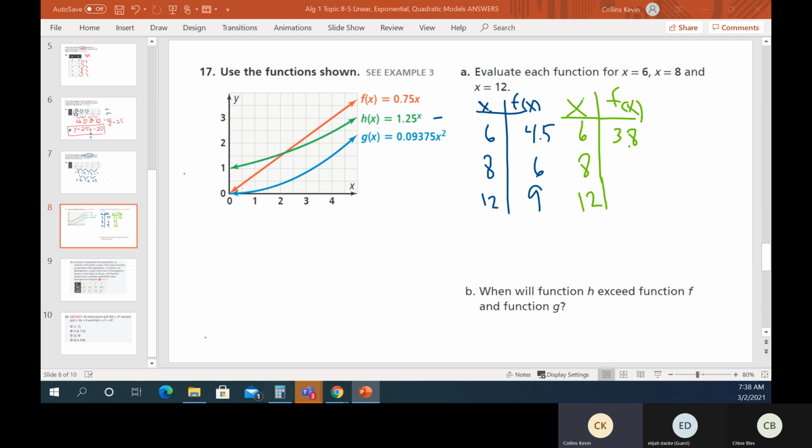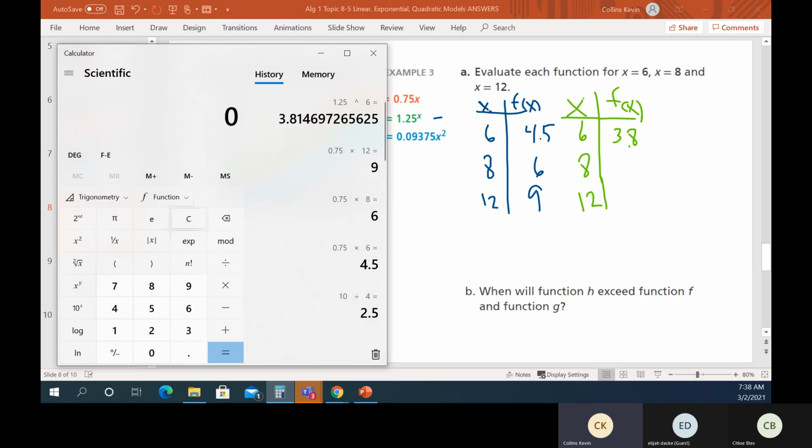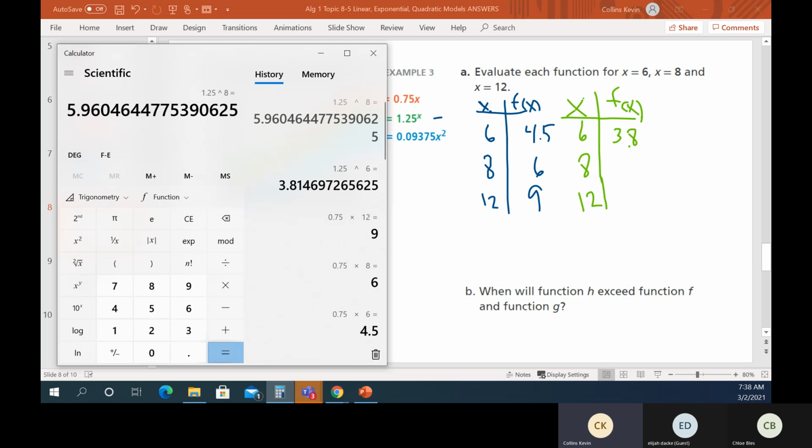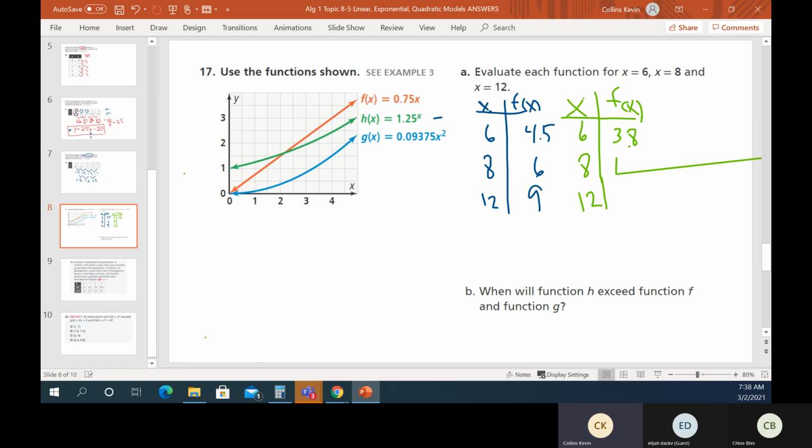Okay, then let's try it again. So clear it out. It's got to be 1.25, and then we're going to raise it to the 8th this time. Okay, so that gives us 5.9. Actually, closer to 6. We'll call it 6.0.